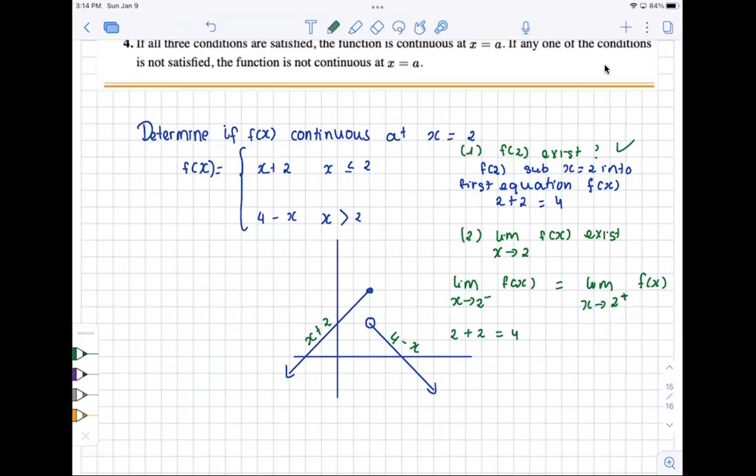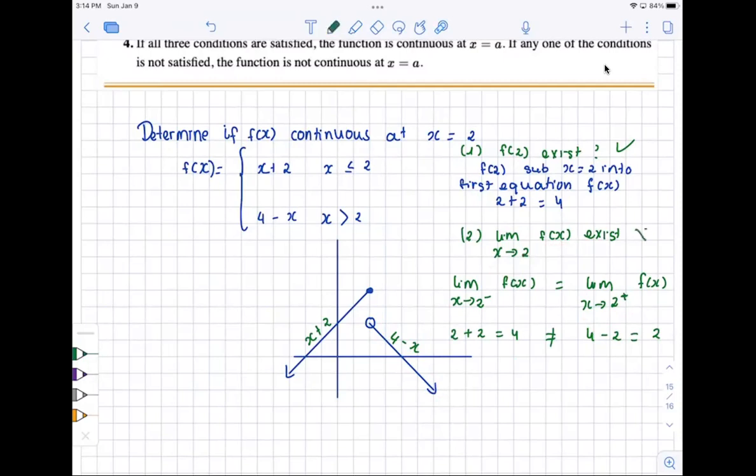That means we look at 4 minus x, so we have 4 minus 2, which is equal to 2. It's not equal, so the limit at x equal to 2 does not exist.